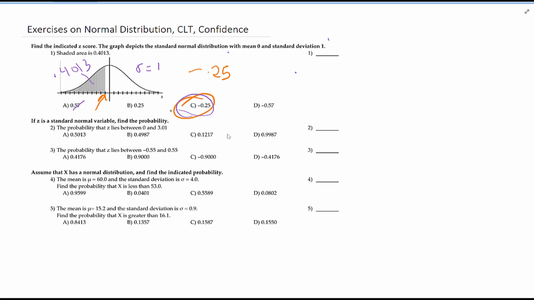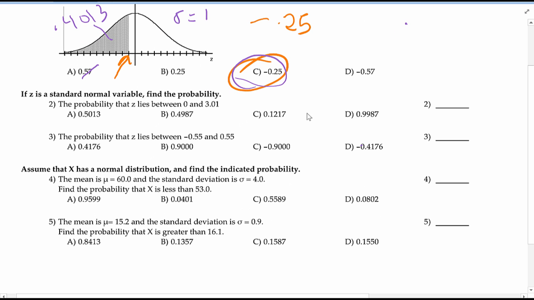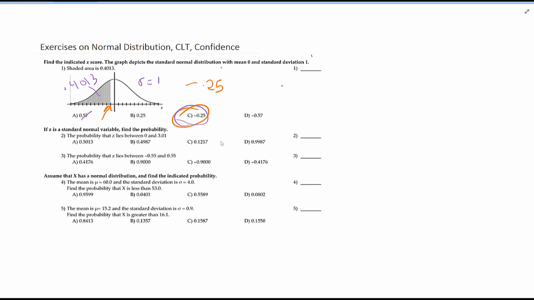In problem number 2, it says that the probability that the variable lies between 0 and 3.01. So for 2, we can do a picture right here. We have a standard normal distribution with a mean of 0 and a standard deviation of 1.